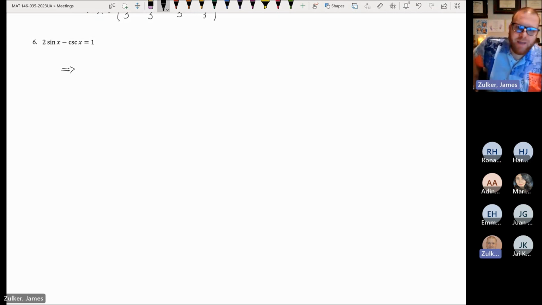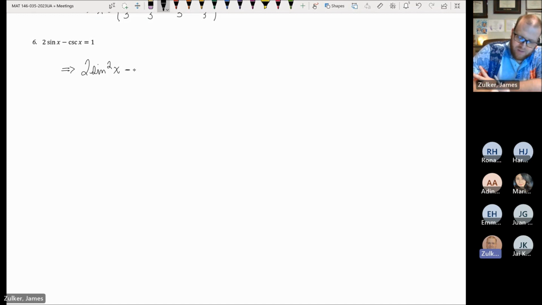What I'm going to do is actually skip that step. Right, by recognizing that cosecant is 1 over sine, just multiply everything by sine. Which will give us 2 sine squared minus 1 is equal to sine.